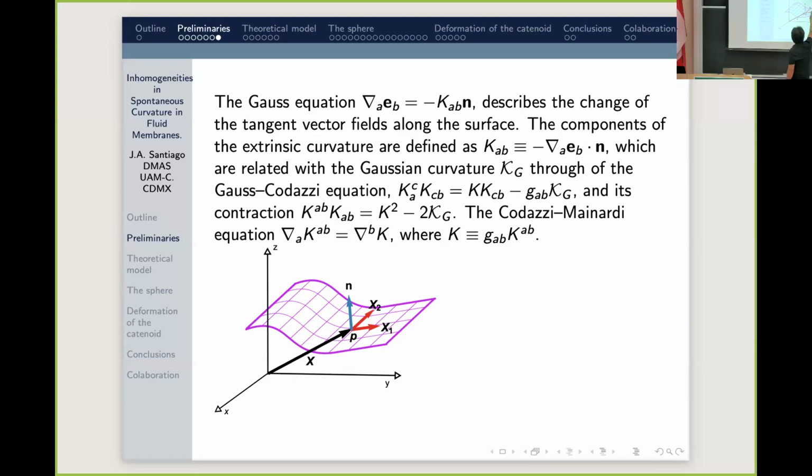We have the contraction and the Codazzi-Mainardi equations, where K is the trace of the second fundamental form, right? This is a cartoon of this surface with two tangential vectors at this point, the normal vector, with the surface embedded in the three-dimensional space.